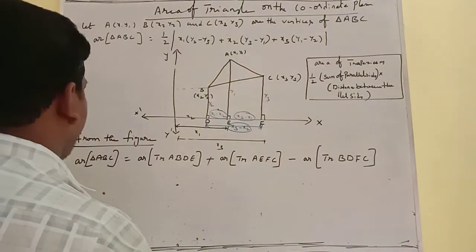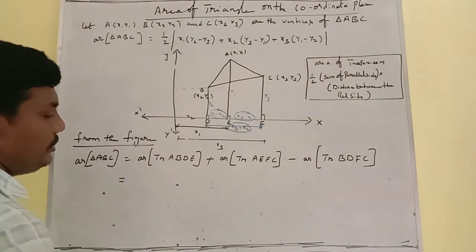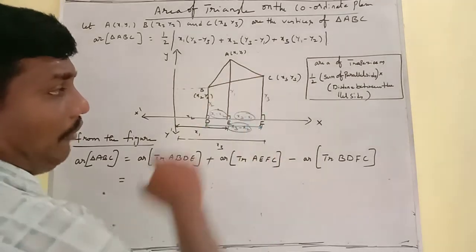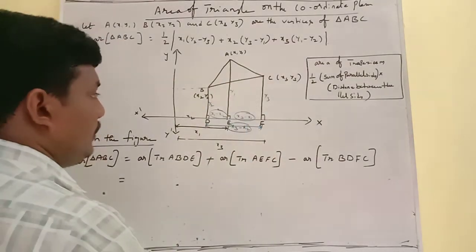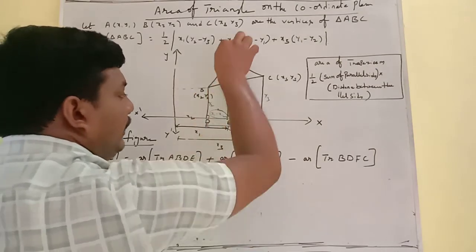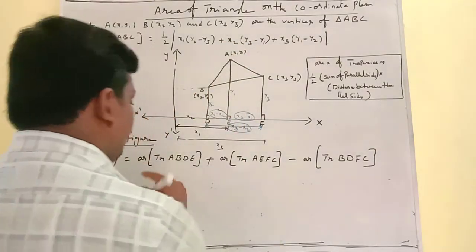What is the area of trapezium here? Area of trapezium is equal to half into sum of the parallel sides. Here what are the parallel sides? BD and AE are the parallel sides for this trapezium.